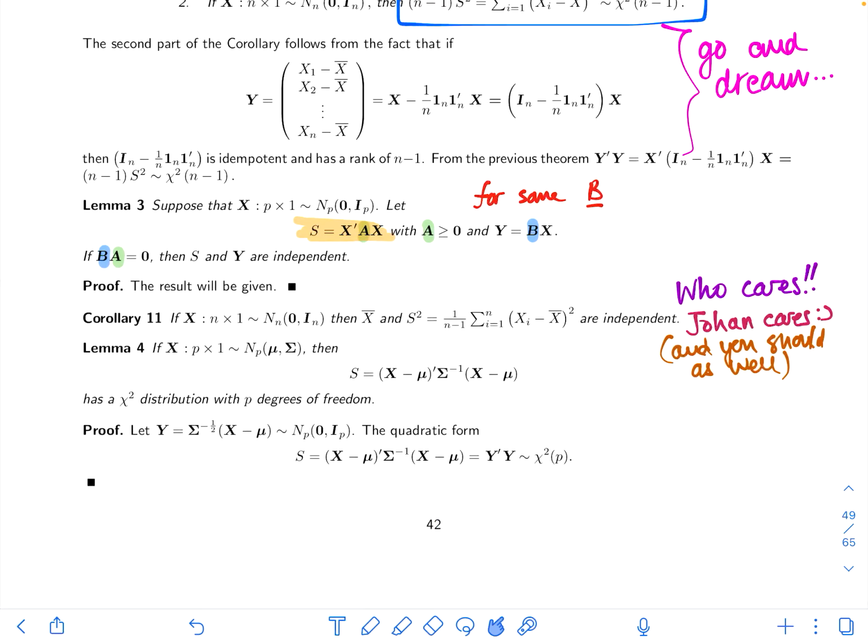If x is a standard normal vector, or multivariate normal vector, then x bar and s squared are independent. Who cares? Well, Johan cares. I think you should also care.